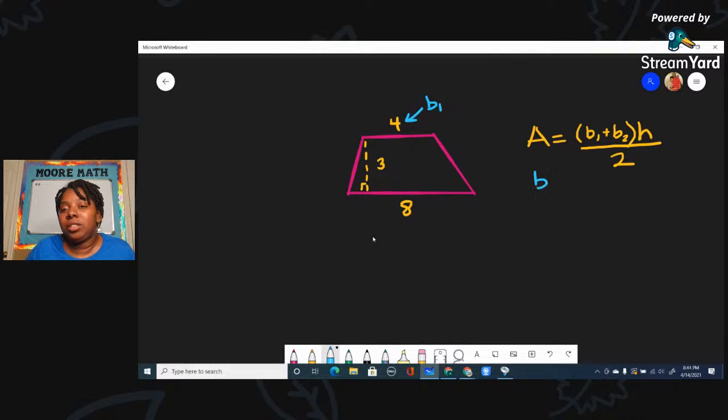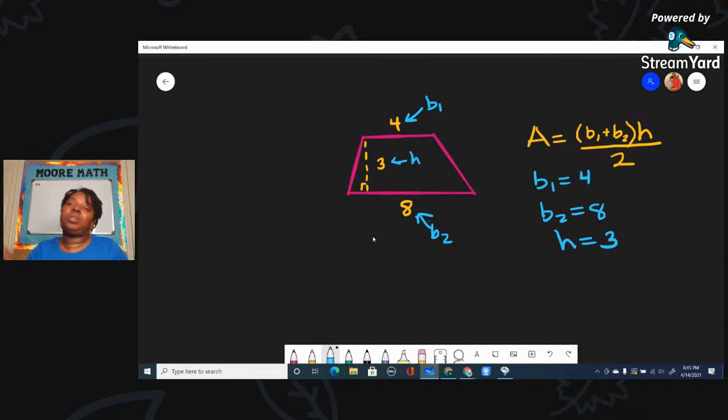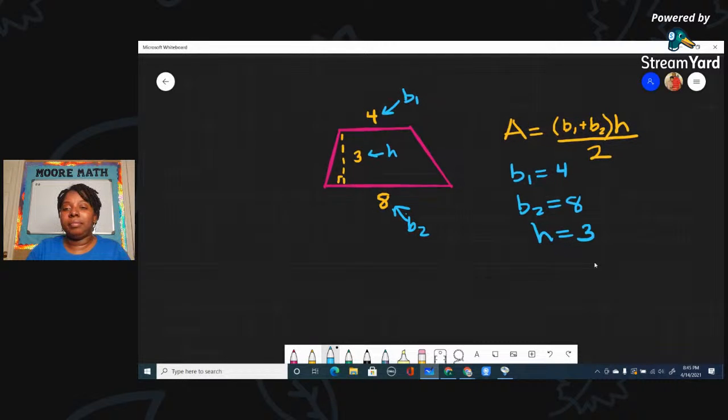You always want to just write down each thing that you know. Base 2, and our height. Our height is 3. Okay, and then we're just going to plug it in.